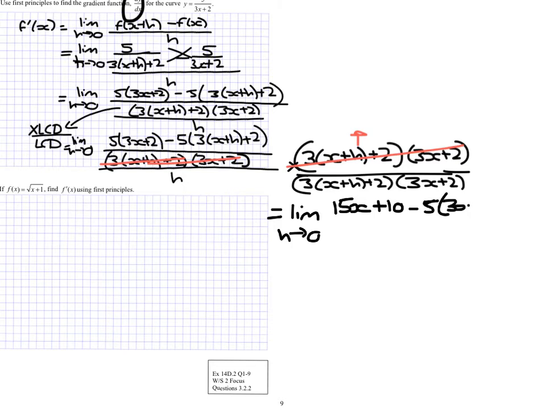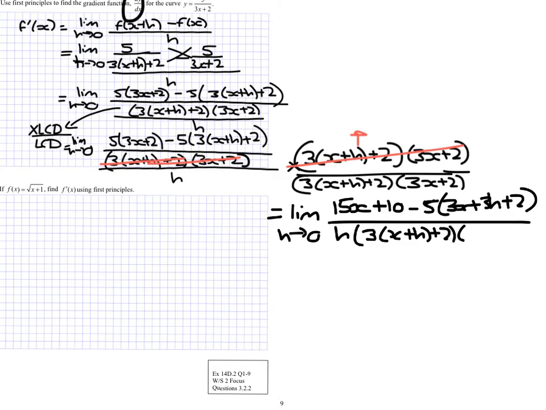So the 3x plus 3h plus 2, I'm going to do that first, over h times 3 bracket x plus h plus 2 bracket 3x plus 2. Now this is remembering all the time that what we're trying to do is get rid of the x's so that we can get an h on the top and cancel the h's. That's what you're aiming for.